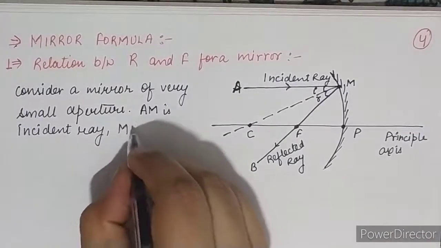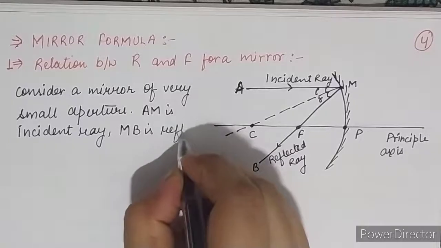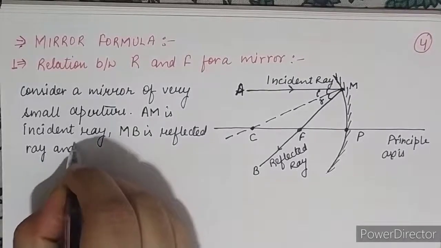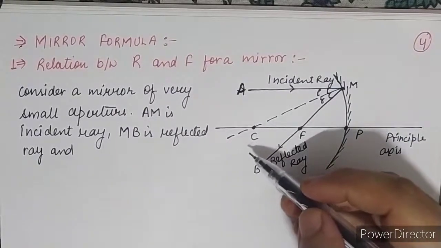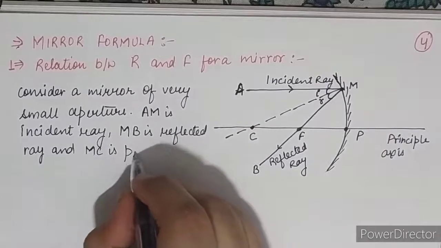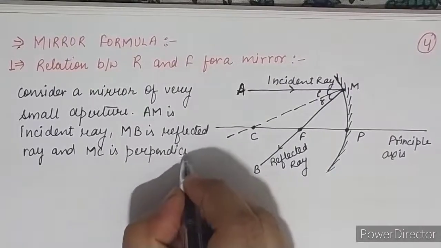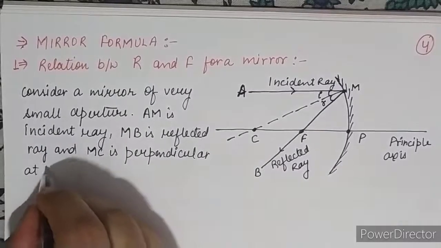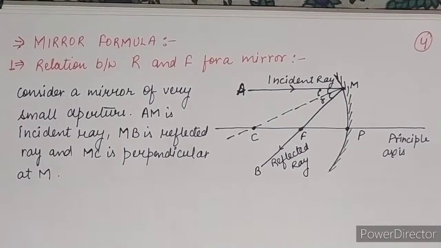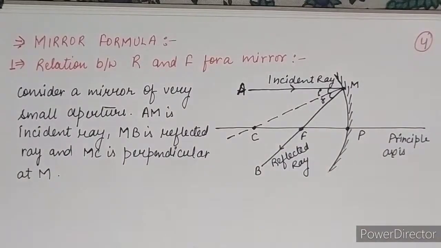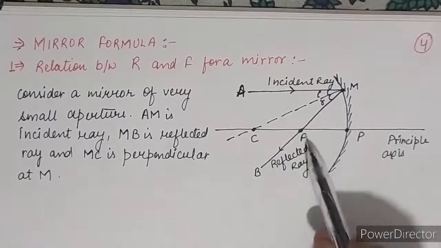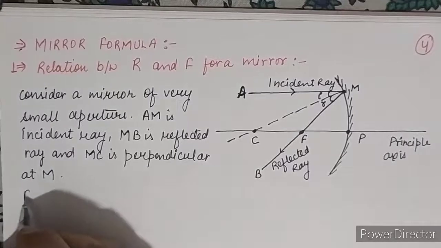MC behaves like a normal, so it is perpendicular at M. Now we obey the law of reflection, that angle I is equal to angle R, meaning angle AMC is equal to angle BMC, or FMC.